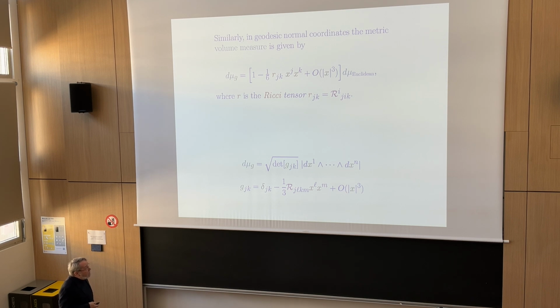The metric becomes, in these coordinates we've already said, the Euclidean metric plus a certain quadratic deviation, which is determined by the curvature tensor. And when you say, well, the determinant of the identity matrix plus epsilon times another matrix, the lowest order term involves the trace of that matrix, and so there's a slight variation. If you take the square root, it just changes the coefficient to a half. And that's why this goes from being minus a third to being minus a sixth.